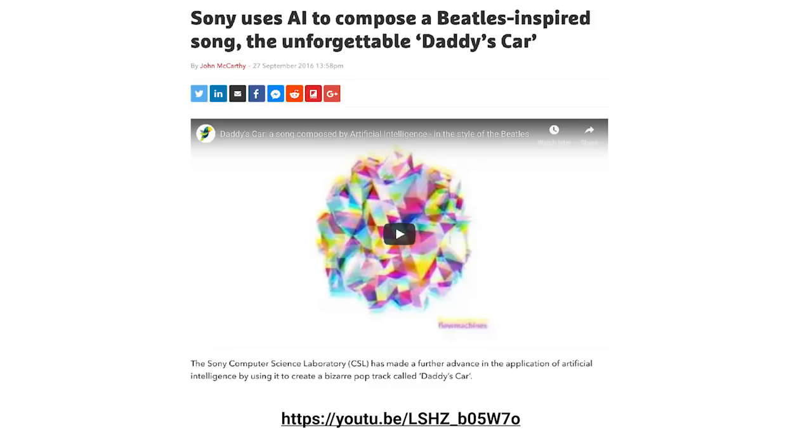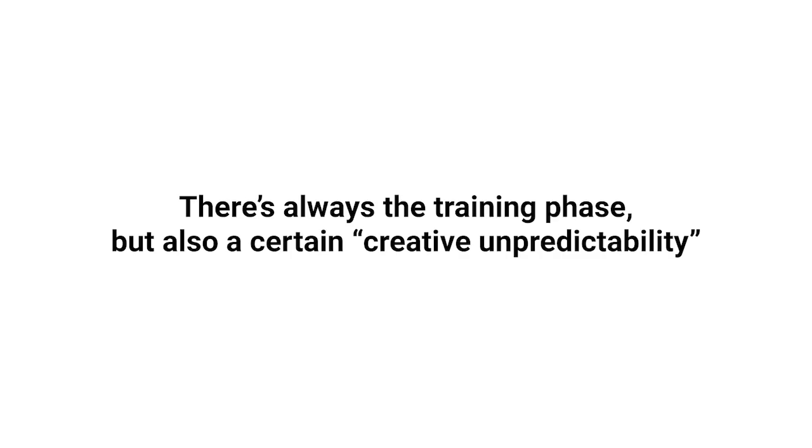What they did is they fed a bunch of music from the Beatles, and this AI was able to write the instrumentals, like the guitar parts and also drums and whatever instruments. And it was all made using machine learning. Again, the song really sounds like the Beatles. The lyrics weren't written by machine learning, but the instrumentals were all machine learning.